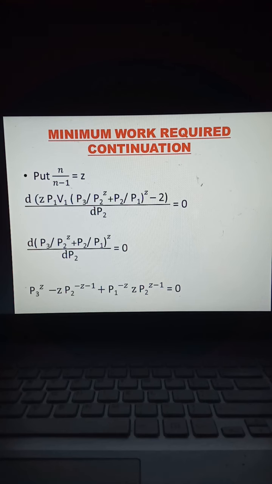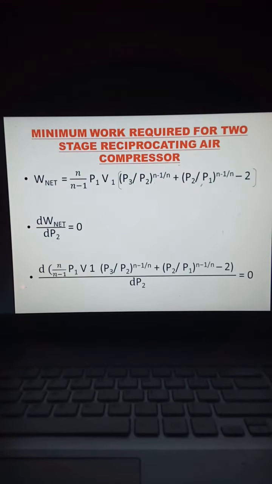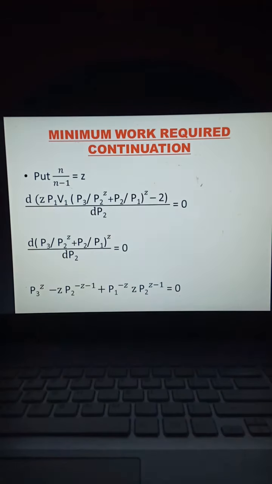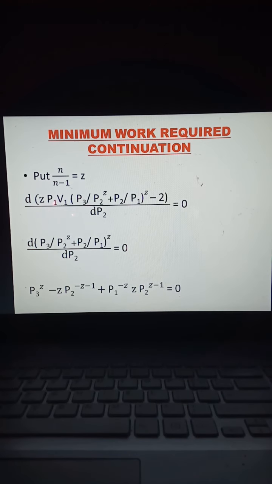For simplification, we put n divided by n minus 1, which is a constant, as Z. So in place of n divided by n minus 1, we replace it with Z, here also, and here also. So the equation will become Z P1 V1 [(P3 divided by P2) the whole raised to Z plus (P2 divided by P1) the whole raised to Z].